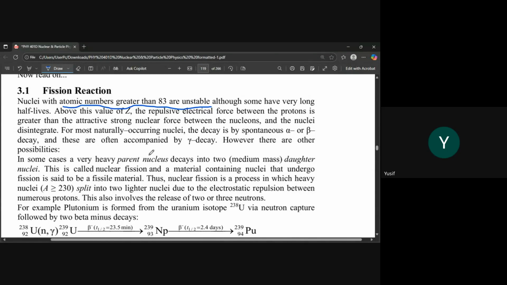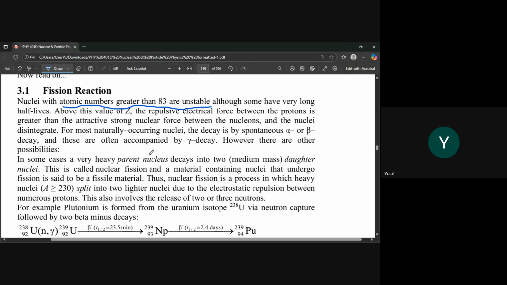Above this value of Z, that's any number above 83, the repulsive electric force between the protons is greater than the attractive strong nuclear force between the nucleons, and the nuclei disintegrate. That's the nuclei undergoing radiation. For most naturally occurring nuclei, the decay is by either spontaneous alpha or beta decay, and these are often accompanied by gamma decay. However, there are other possibilities.